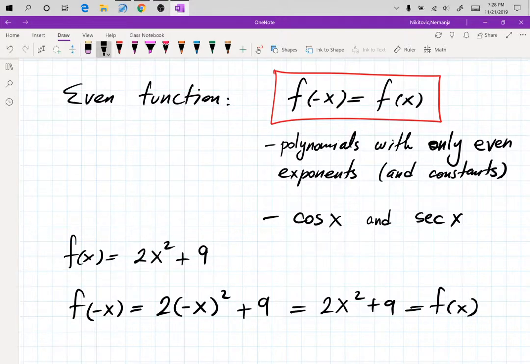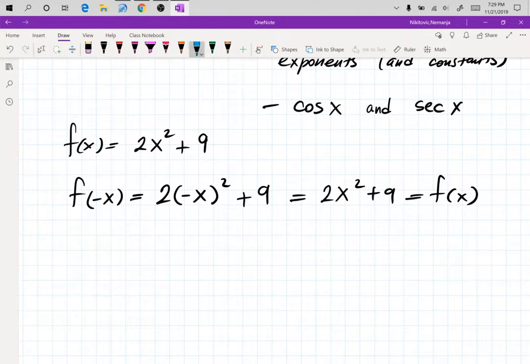So this particular function is even. You are allowed to have any polynomial term with even exponent and constants, like 9. You can also have pi or whatever, but constants don't change, obviously. So that's the review from pre-calculus about even and odd functions, because we need those for the first two calculus formulas.